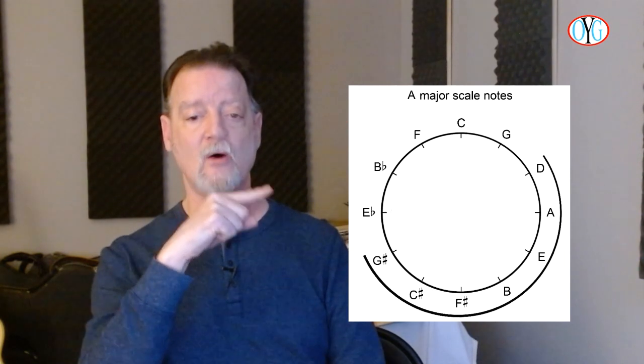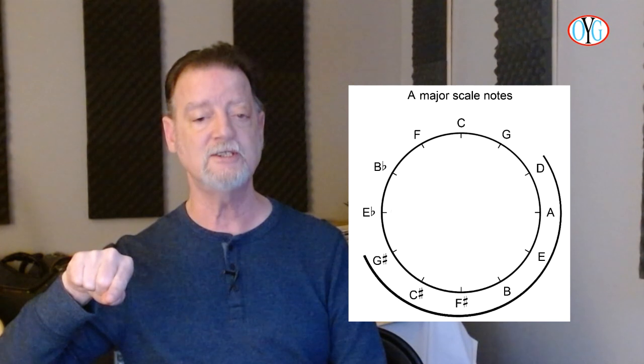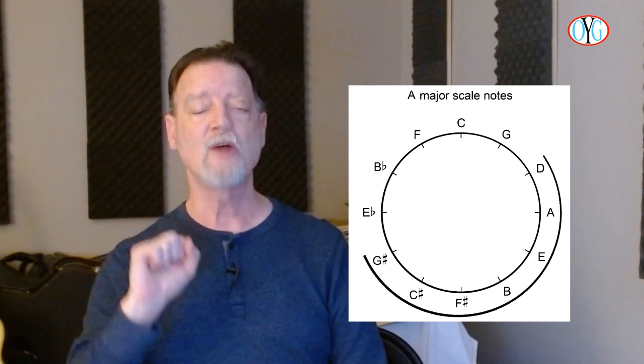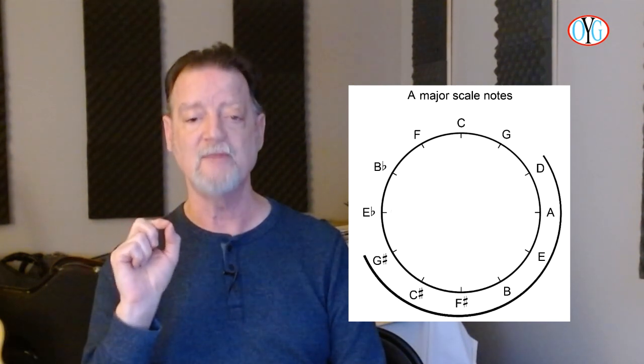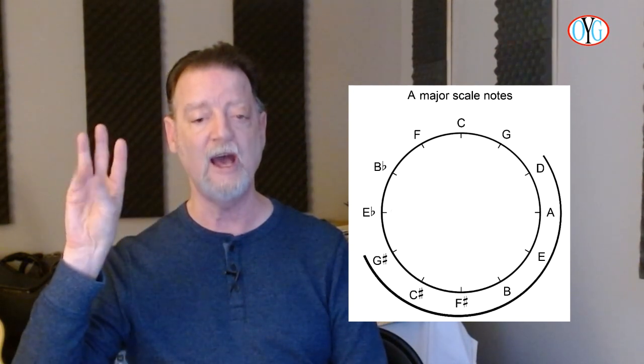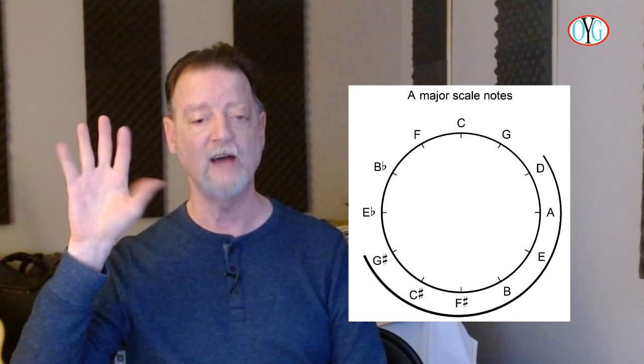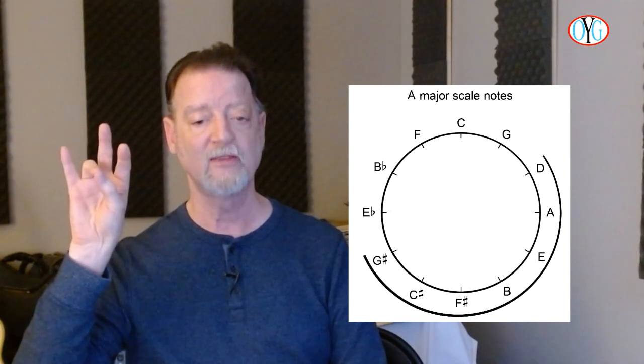Then we go around the arc to 8 o'clock in this case to the G sharp. The G sharp is the 7 tone of the A major scale. A, B, C sharp, D, E, F sharp, G sharp. 1, 2, 3, 4, 5, 6, 7.